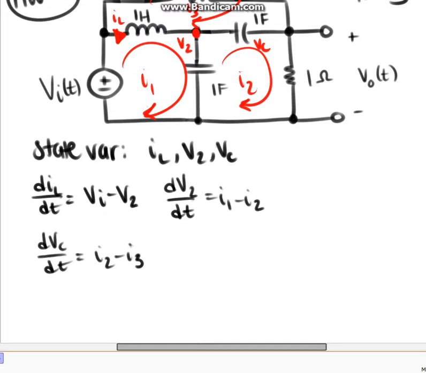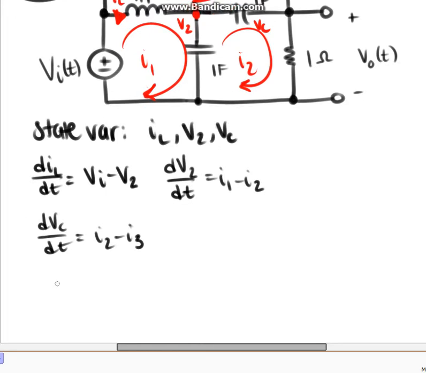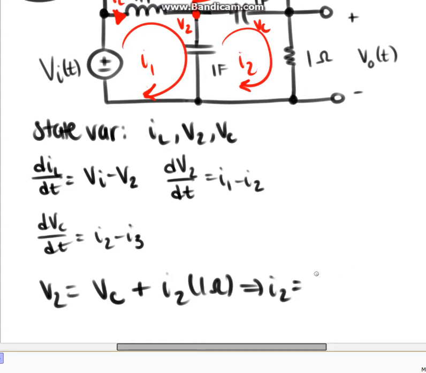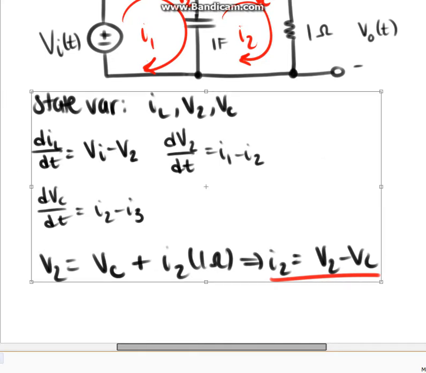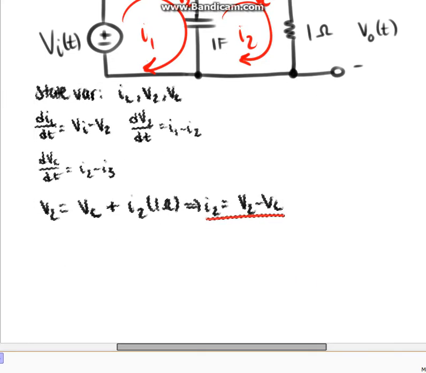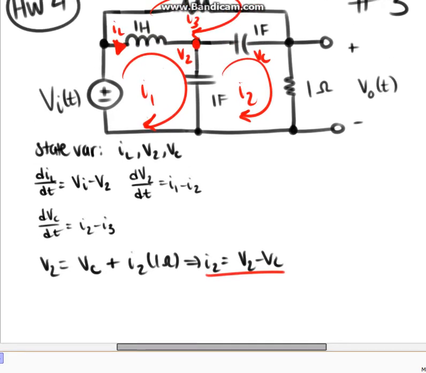Using KVL, V2 equals the voltage across the capacitor plus the voltage across the 1 ohm resistor, which is I2 times 1 ohm. Therefore, I2 is V2 minus VC. Yay, we got that out of the way. I'm going to make this smaller so I have more room to do the math. Next we have to find I1 and I3.